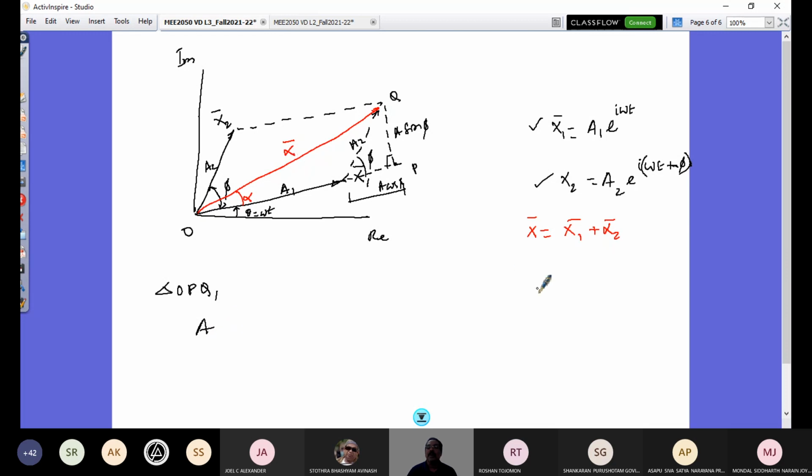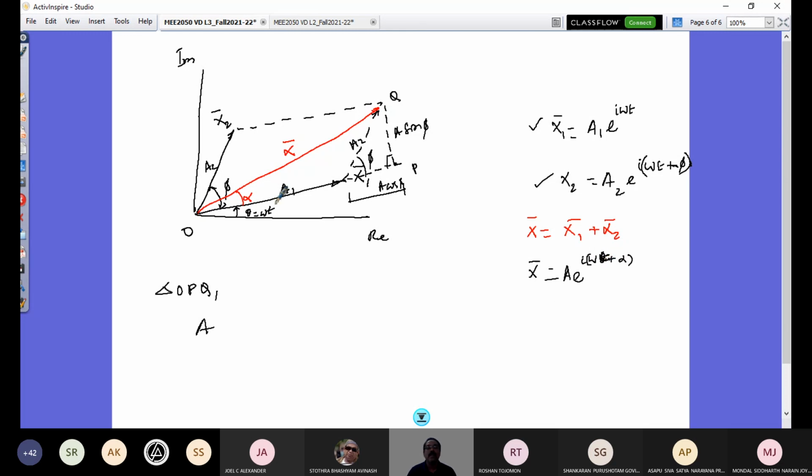So that's going to be my answer, A e raised to i omega t. That angular velocity is not going to change because the angular velocities of both the vectors are the same. So I would say here this is not omega t, this is omega t plus alpha, right? Omega t plus alpha.